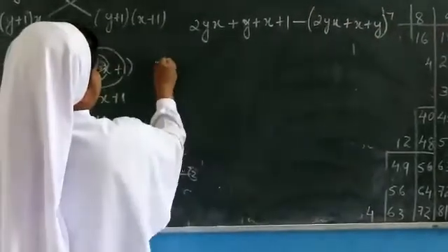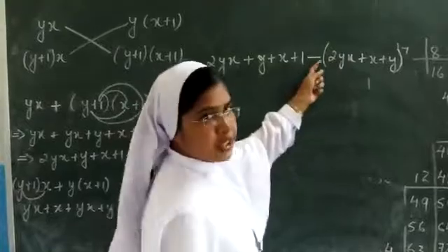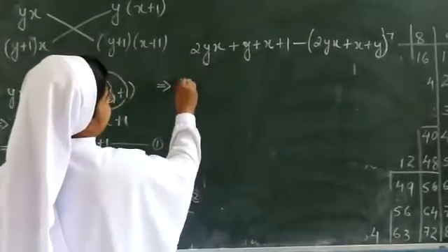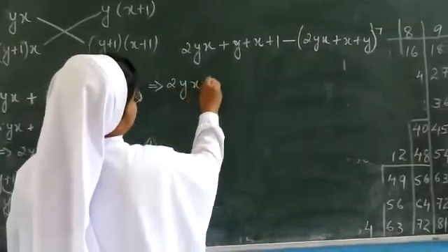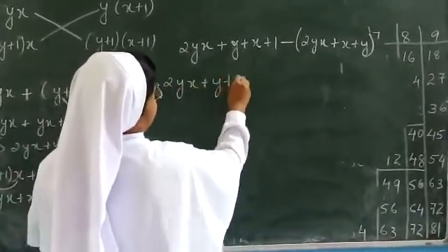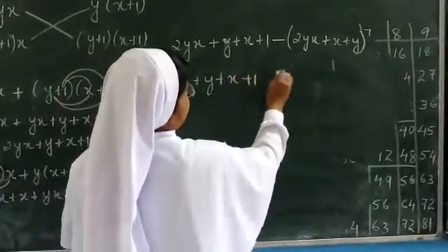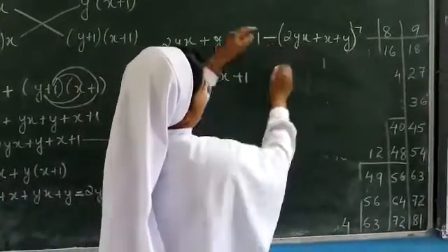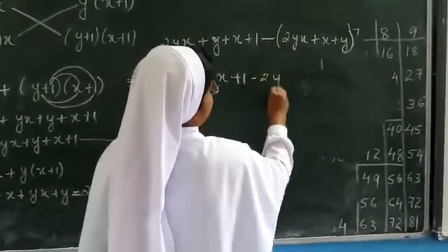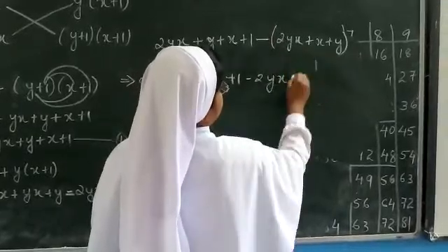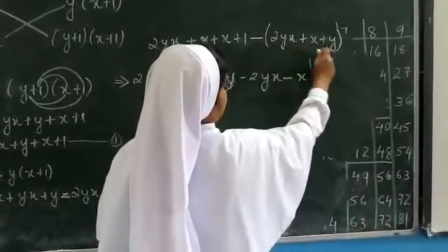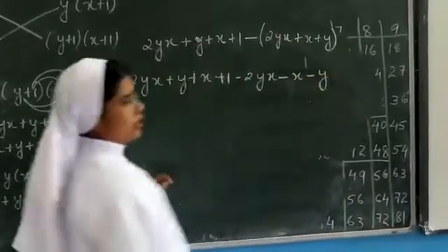Okay, and you see it has to be subtracted. So what sign will change? 2yx plus y plus x plus 1 minus 2yx, minus into x, minus x, minus into y, minus y.